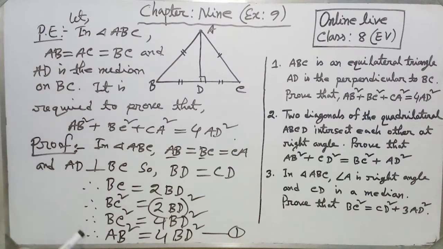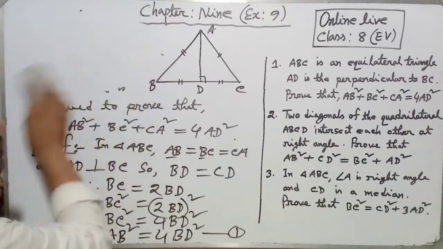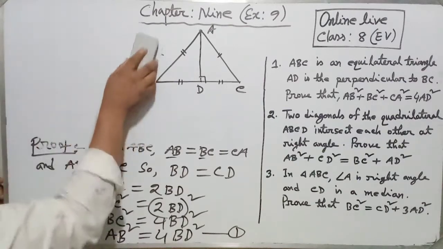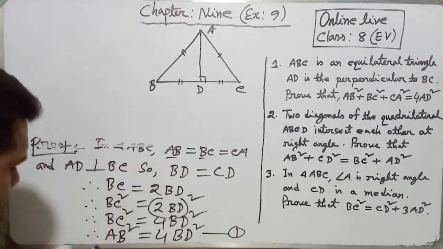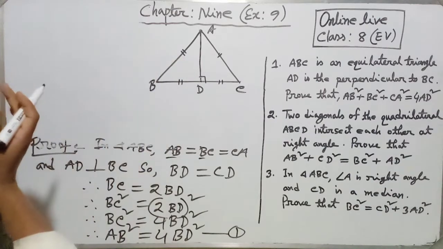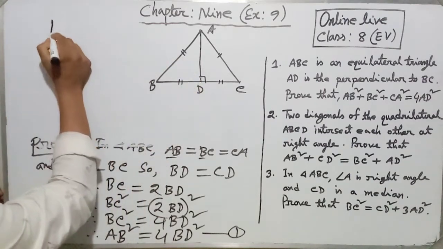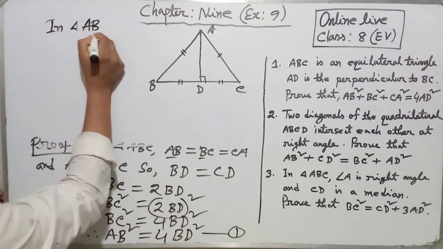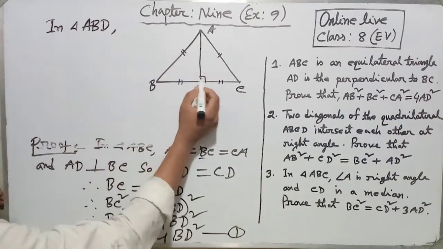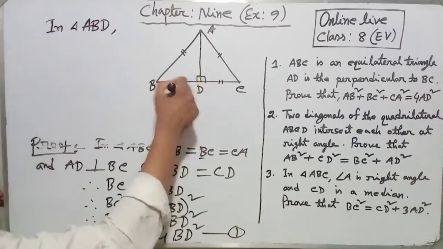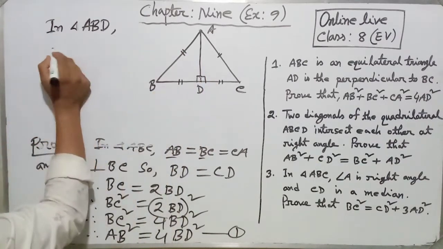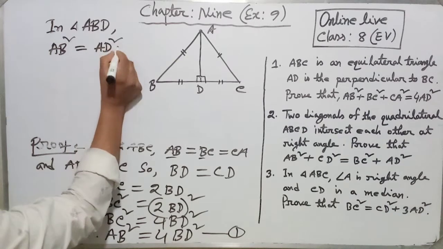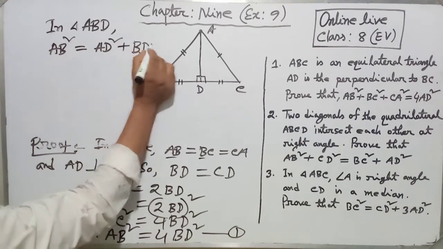Okay, now dear students, look, in our triangle ABD, this is a right angle triangle. So in triangle ABD we can write AB square equal AD square plus BD square.